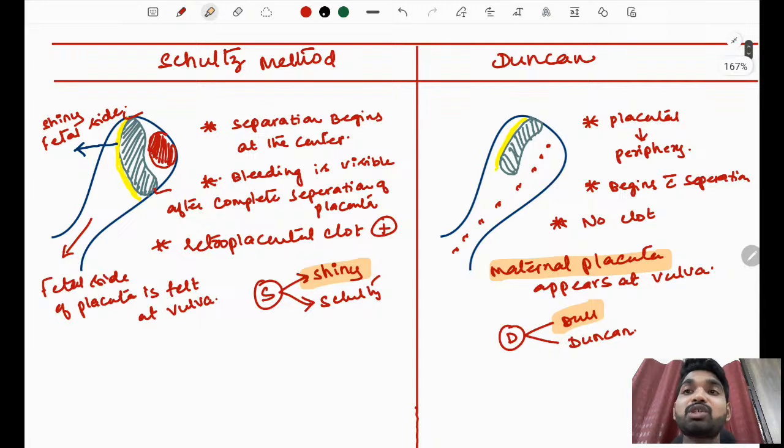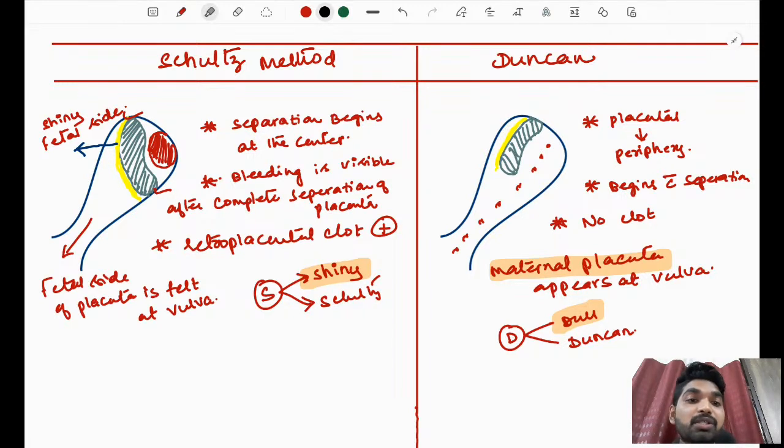Can you people tell me which is most common here? Whether Schultz method or Duncan method of placental separation is more common? Which method of separation is more common? Yes? Can you people tell me? Ramaswamy is telling Duncan method.